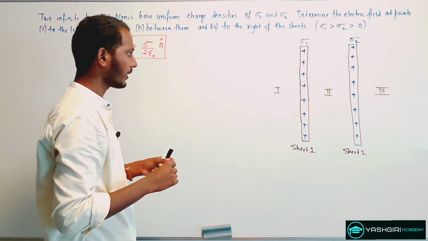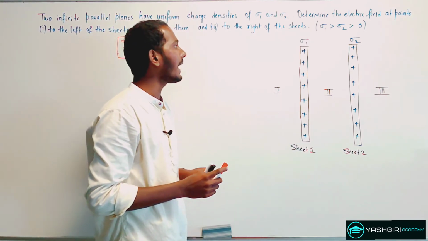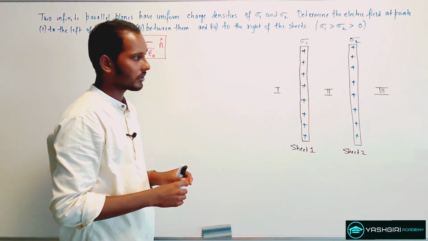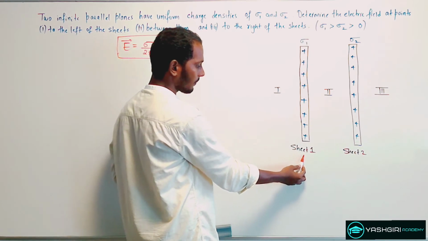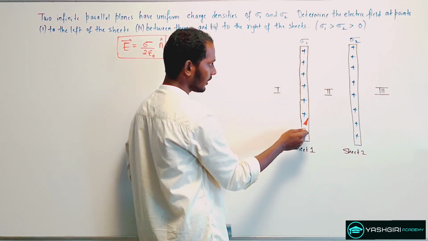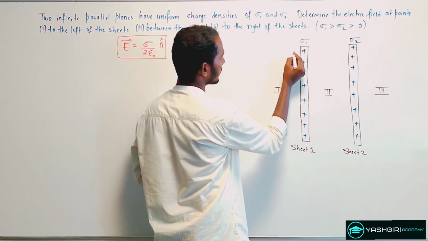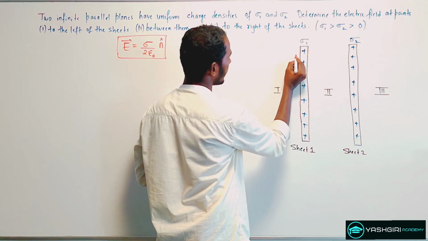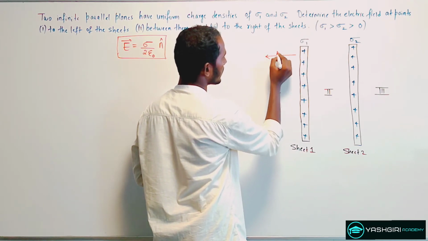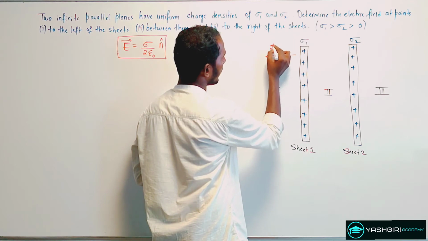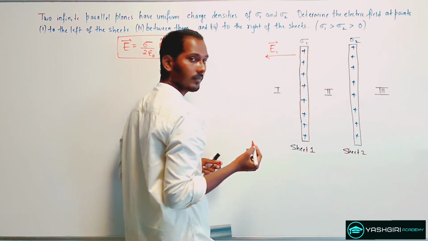Now first of all, let's see the direction of the electric field of both these sheets. When I look at sheet 1, the direction of this E1 will be towards the left. Let me write this as my vector E1.